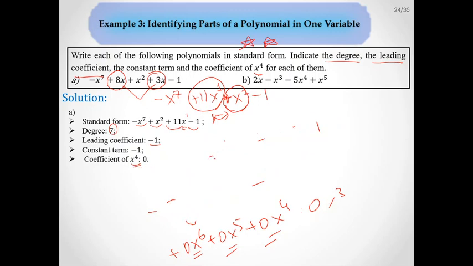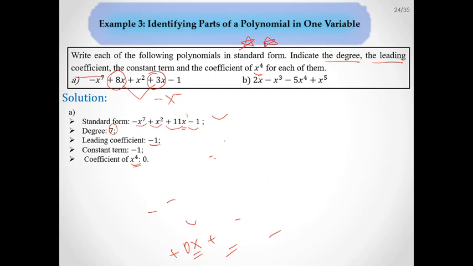Okay, let's look at the other question. In this question, there are no like terms, so we don't add, subtract, or combine them. The only thing we need is to change the places of these. The degrees go 1, 3, 4, 5, so we have to reverse it.